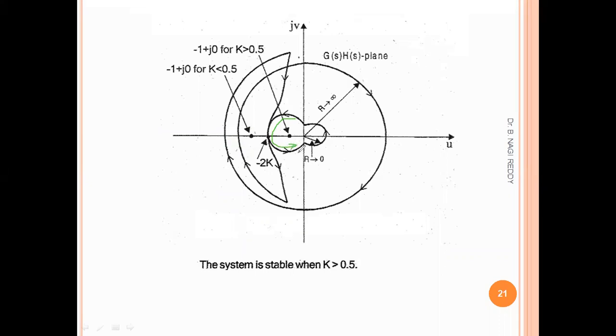If it is encircled with anti-clockwise direction, then it will be stable according to our Nyquist stability criteria. So in order to get closed loop system stability, we must choose the k value greater than 0.5.